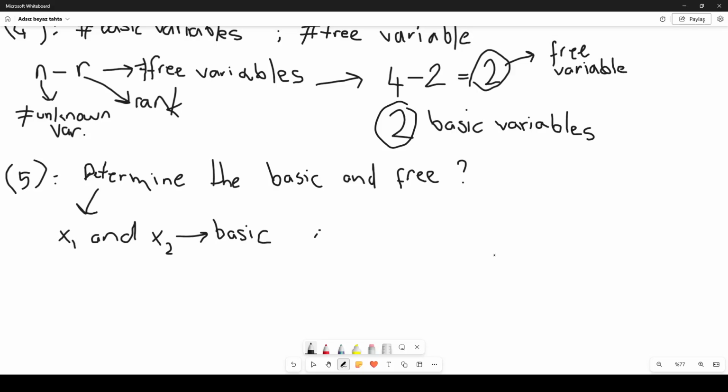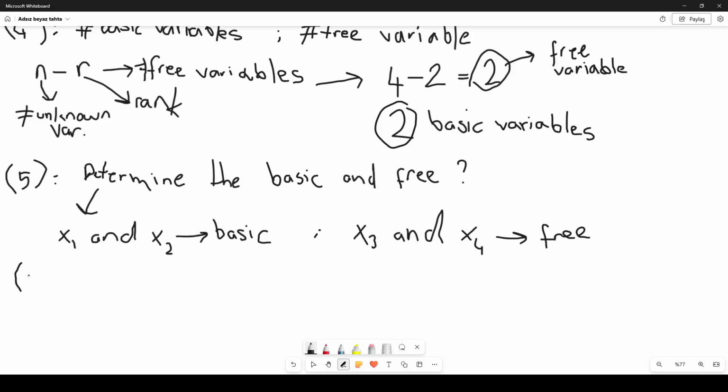Because they correspond to the basic columns, the columns that include the pivotal positions. And the rest of the unknown variables are the free variables. So x3 and x4 are nothing but the free variables, because they correspond to the non-basic columns, and non-basic columns are those columns that do not include the pivotal elements. Okay, so x3 and x4 are free variables. And this is the fifth step.